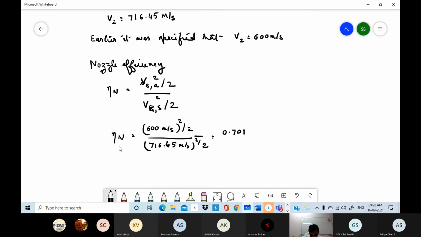So if we redo the problem which we had done earlier, the nozzle efficiency turns out to be 70%, but in actual practice, nozzle efficiencies are higher, typically 90 to 97%.